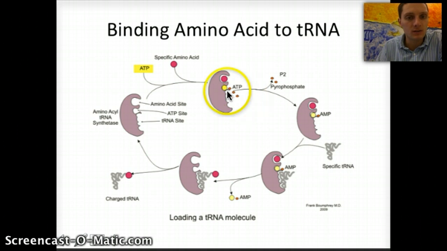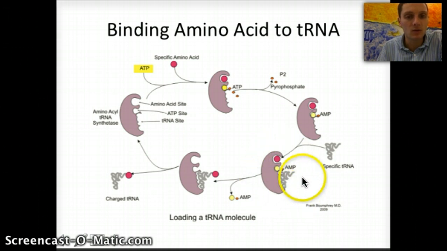In order to make this occur, two phosphates are lost. And so we go from ATP, adenosine triphosphate, to a single phosphate, AMP. The specific transfer RNA molecule, its shape and its polarity, fits specifically with this enzyme. This enzyme is responsible for connecting one specific amino acid with one specific transfer RNA molecule.